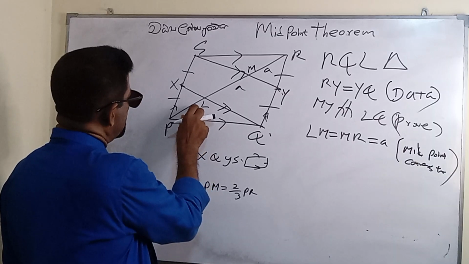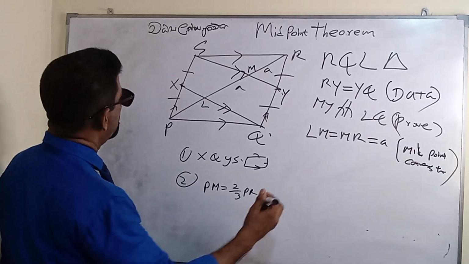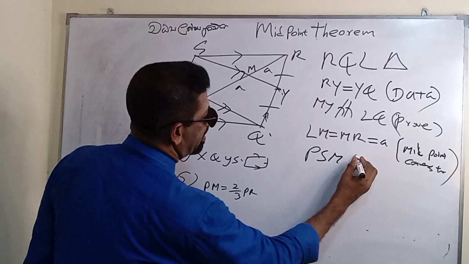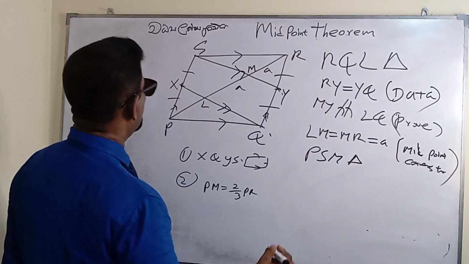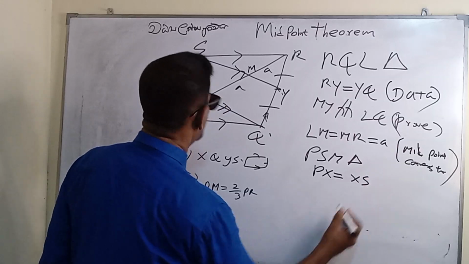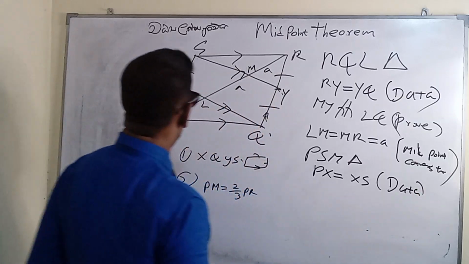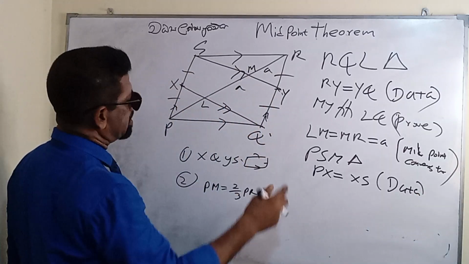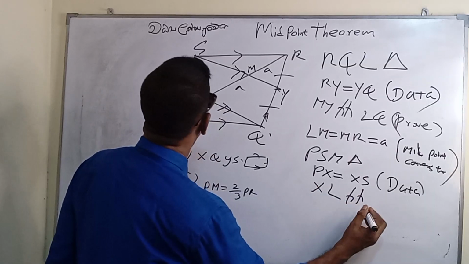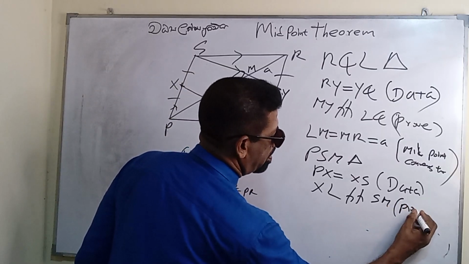Then by the midpoint converse theorem, this bisects, so PL equals LM. Now for the PSM triangle, PX equals XS, which is data. XL is parallel to XM, already proved.